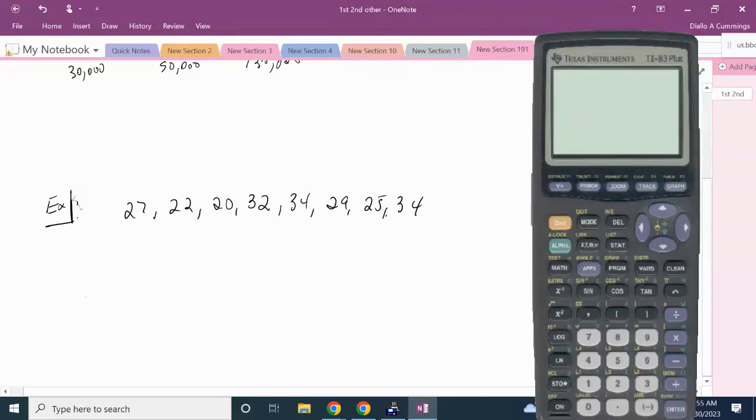So the first thing I'm going to do is put the list of numbers in L1, right?